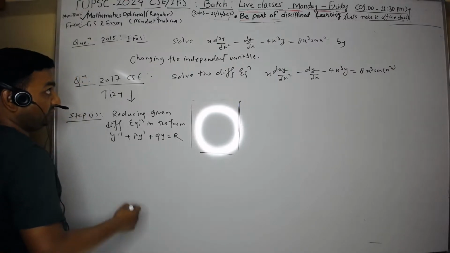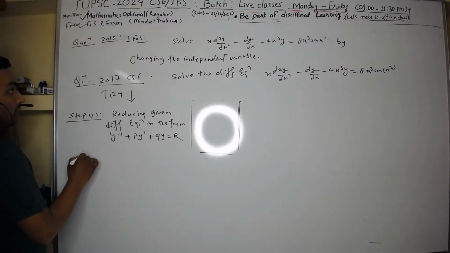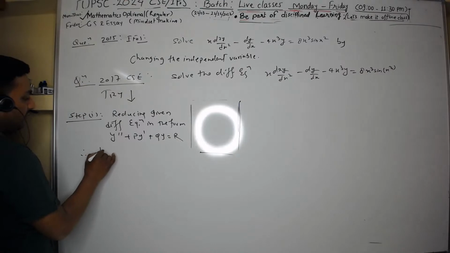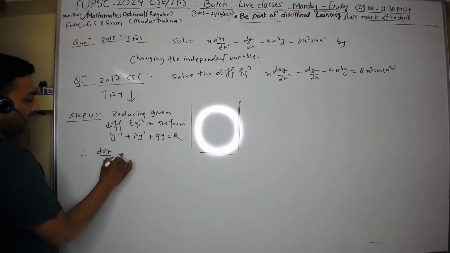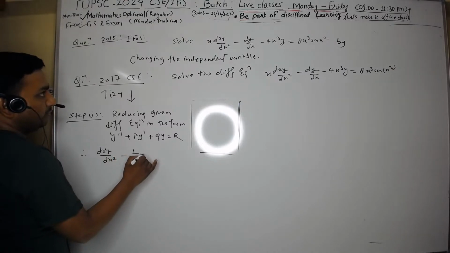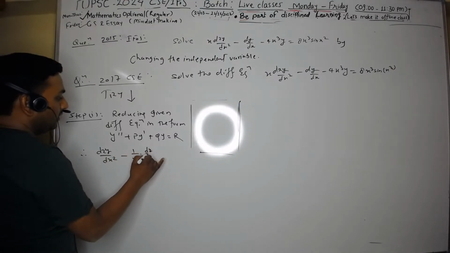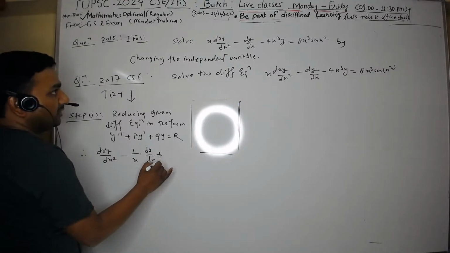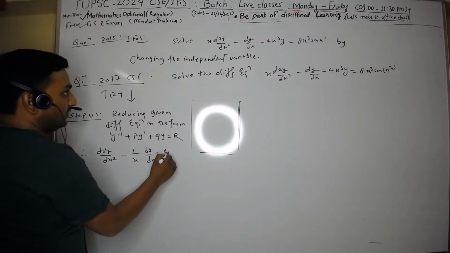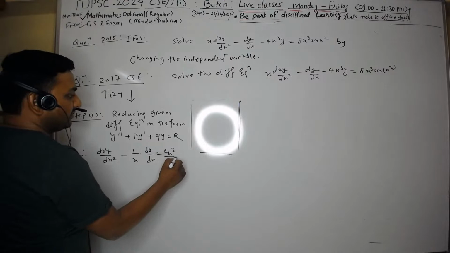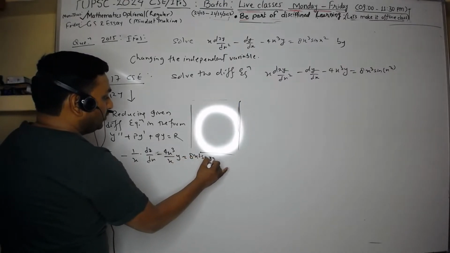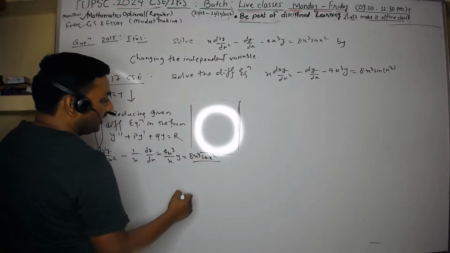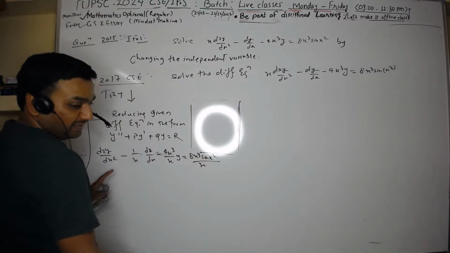Right? That is the first job to do. So the differential equation will be looking like d2y over dx square minus 1 upon x into dy over dx minus 4x cube y by x equals 8x cube sin x square divided by x.